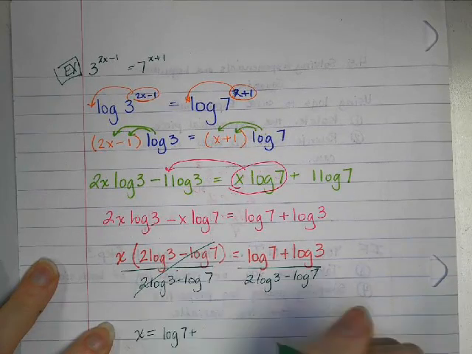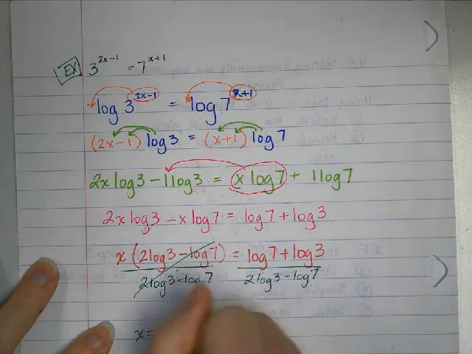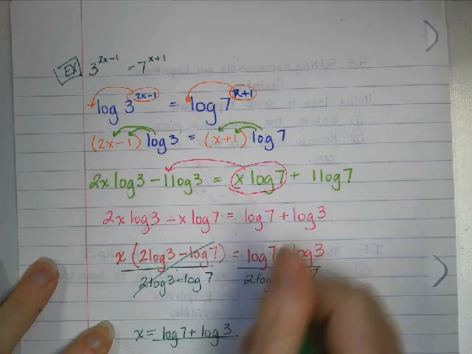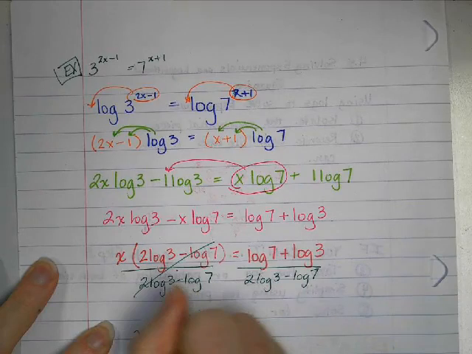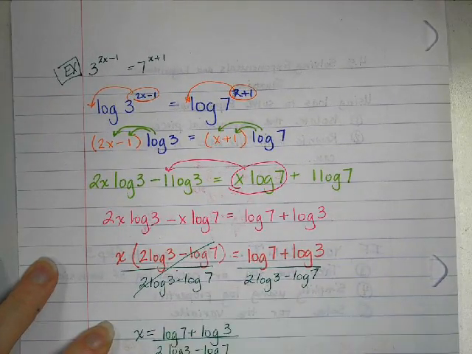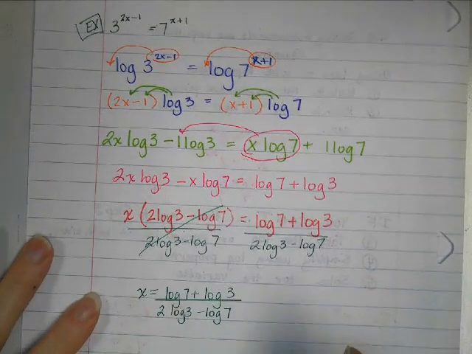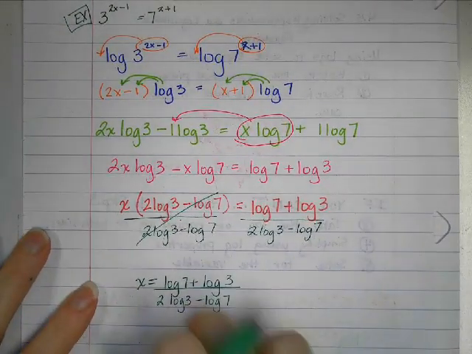So you can't divide like the log 7 minus the log, because the fraction bar is a grouping symbol. So it's grouping all of that above it together and all that below it together. And so since they're not the same, you can't cancel anything. That is it. That's the exact answer.